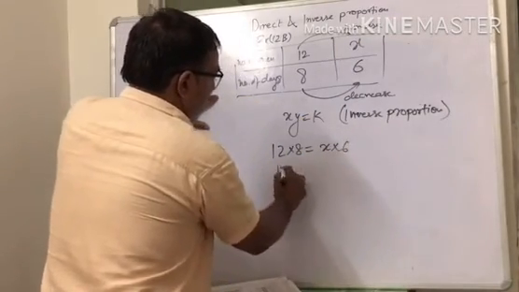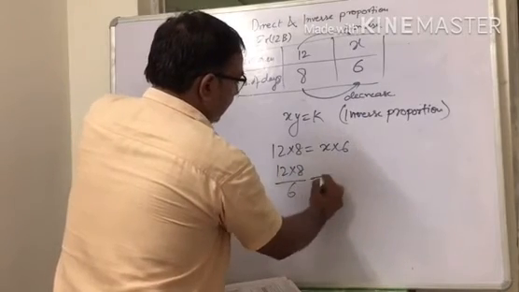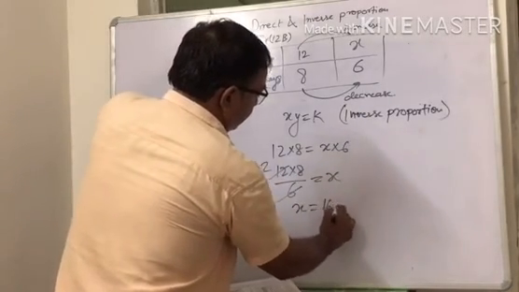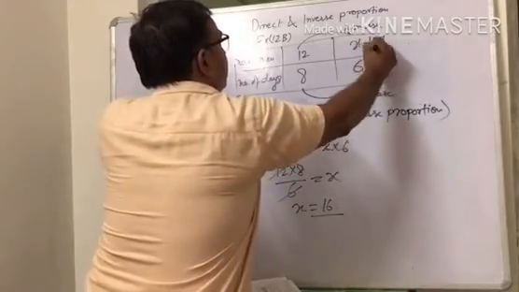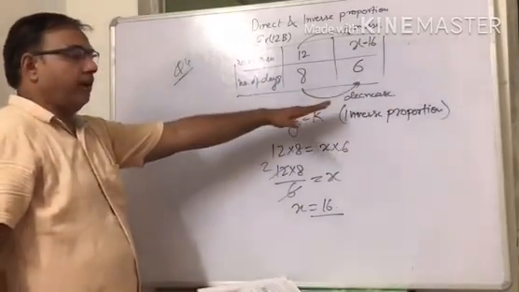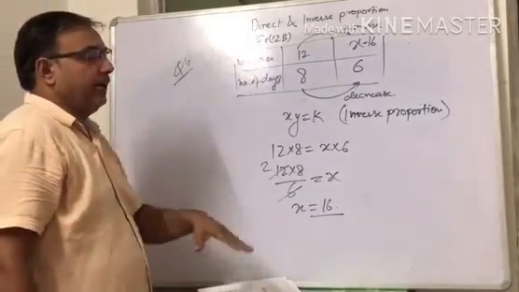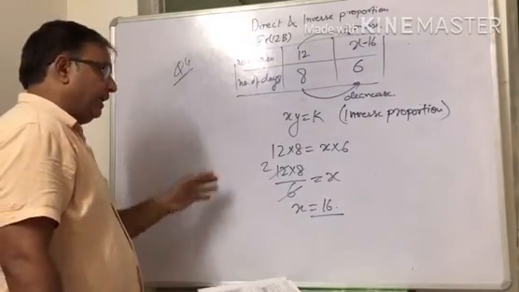Just transfer 6 here, and 6 twos are 12, so x is equal to 16. Means if we reduce the number of days to 6, 16 men are required to finish the same work.